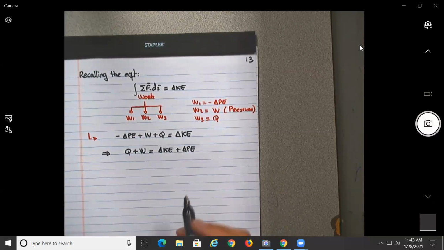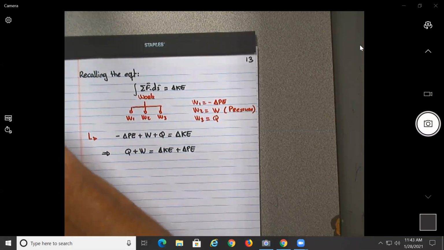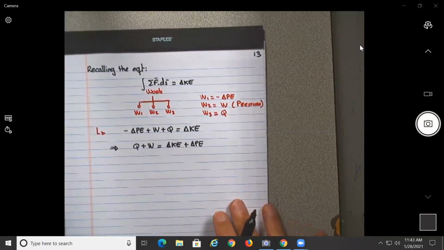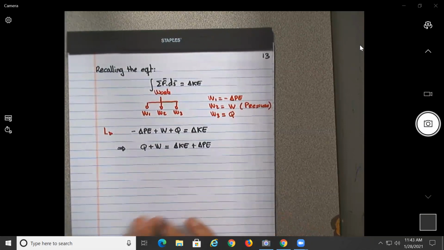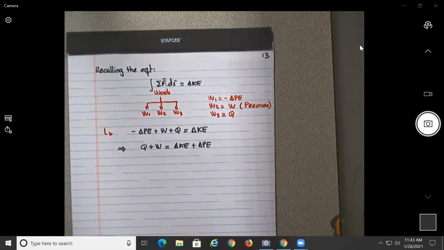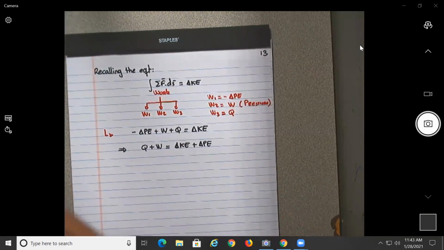All right, so we're almost done. Now, the last term, I cannot derive it. I can only explain it to you, but it's not complicated to understand it.